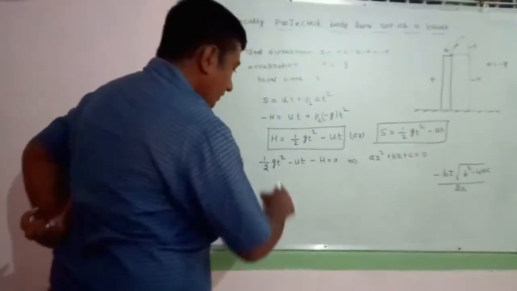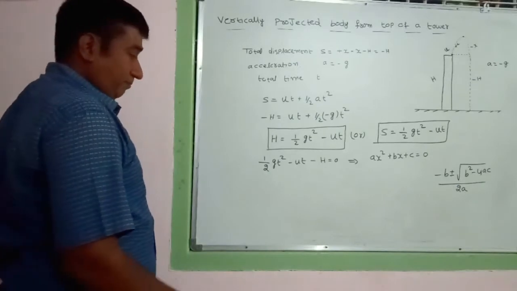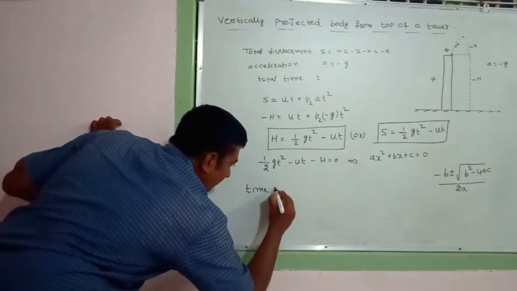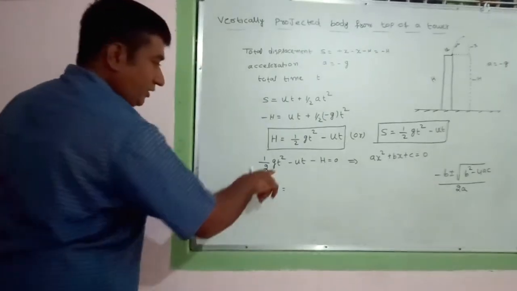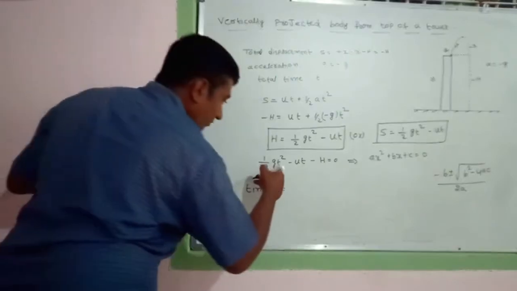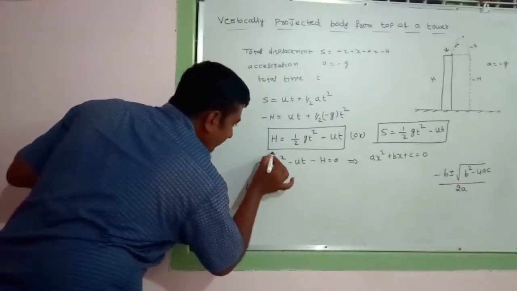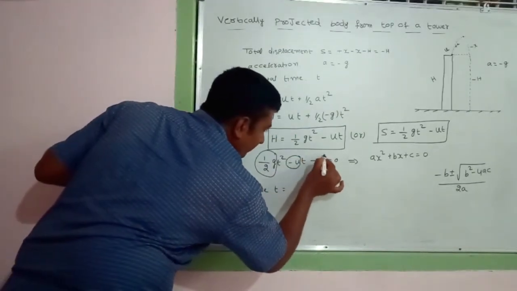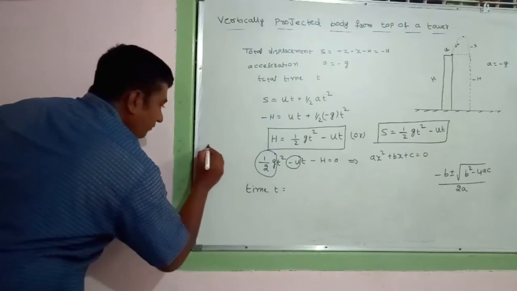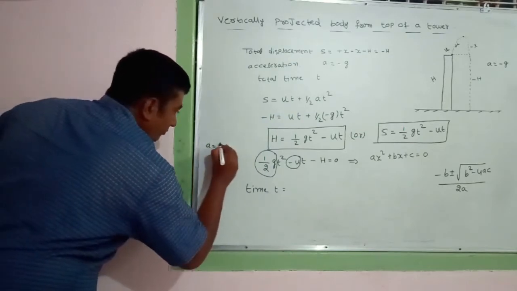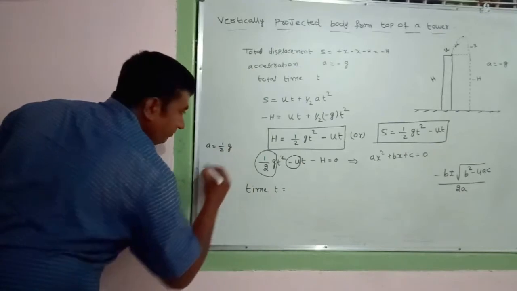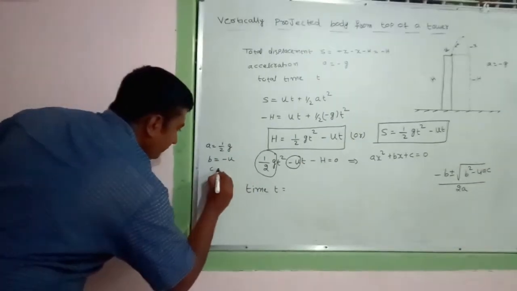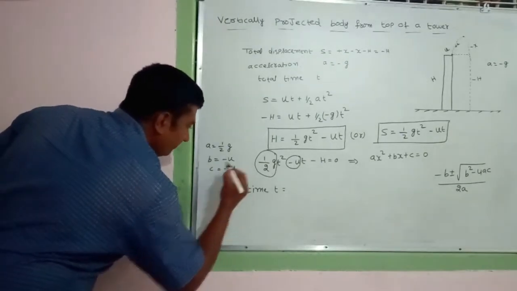In order to find the time, t is equal to, with a, b and c as follows: a is equal to 1 by 2g, b is equal to minus u, and c is equal to minus h.